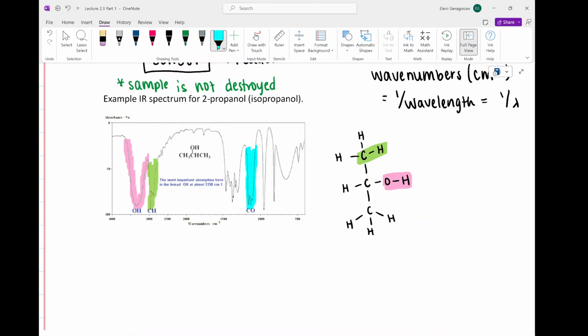That bond absorbs IR light at about 1,200 wave numbers. So that's this bond here. Each of these bonds, I'll highlight them in pink here, absorb IR light.